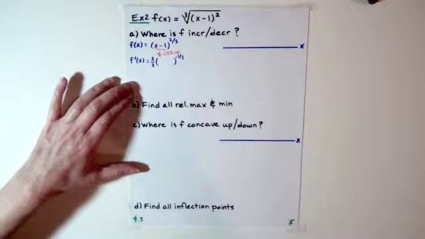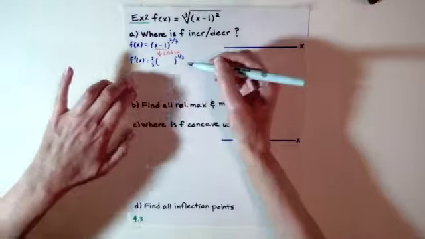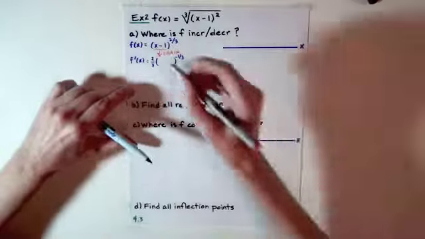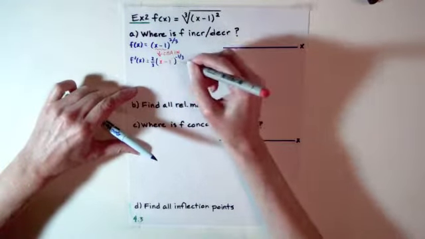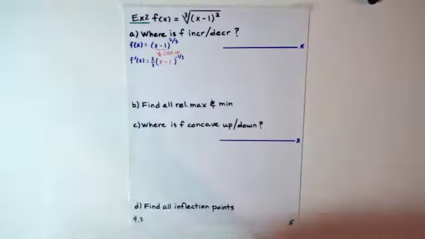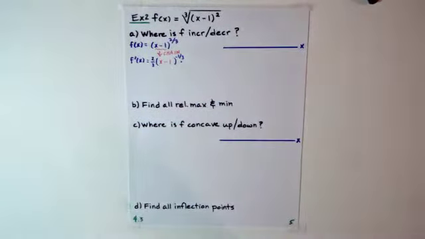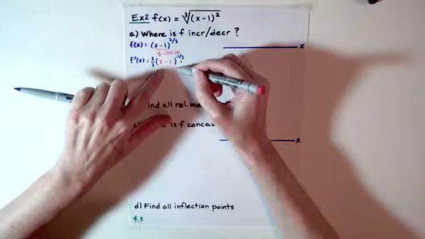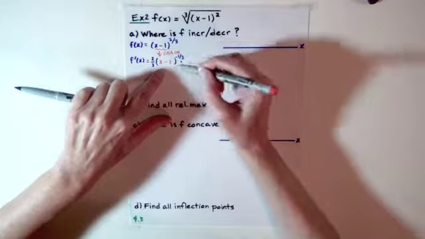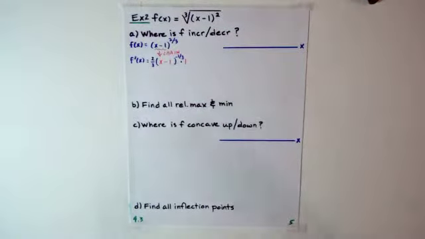So derivative of the outer is 2/3, whatever I'm going to plug into it, raised to the negative 1/3. And the thing that I plug in is the inner function, x minus 1. Now I have to remember that the chain rule says you have to multiply by the derivative of the inner function. What is the derivative of x minus 1, though? Derivative of x minus 1 is just 1, so that doesn't really change anything in this case.